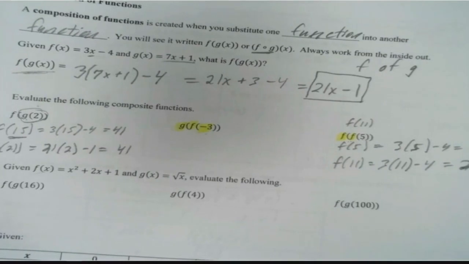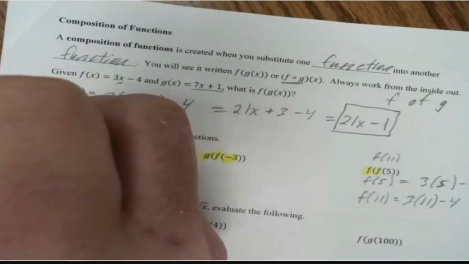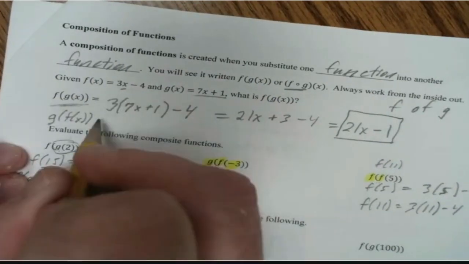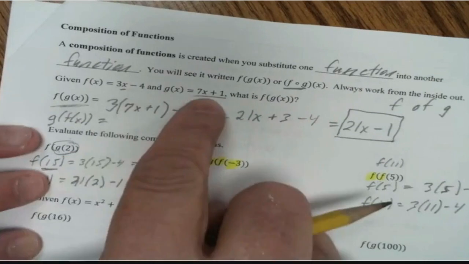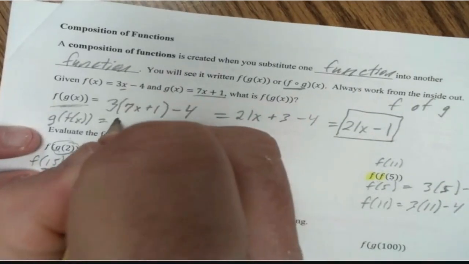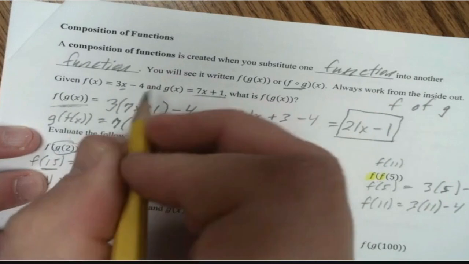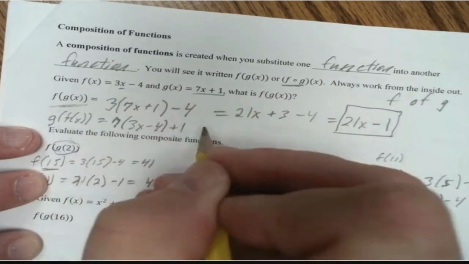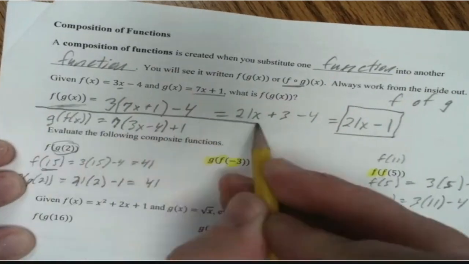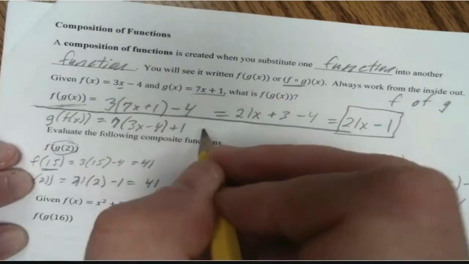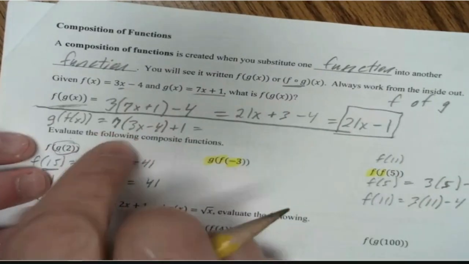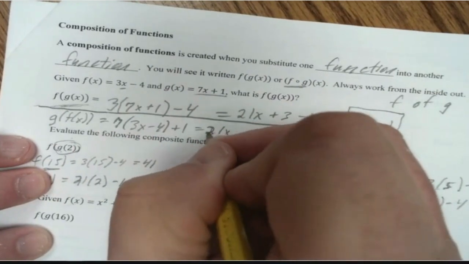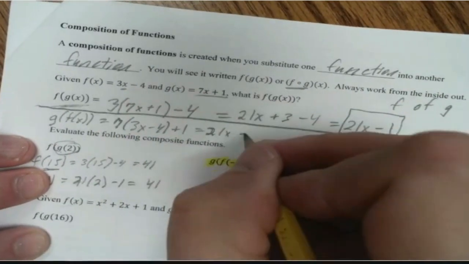In fact, if we want to figure out what g of f of x equals, we can do that. So g is 7 times x, which is 3x minus 4, plus 1. So 7 times 3x is still 21x. 7 times negative 4 is negative 28.